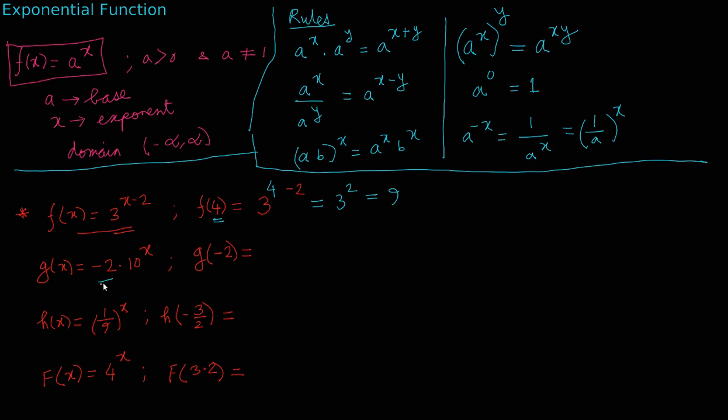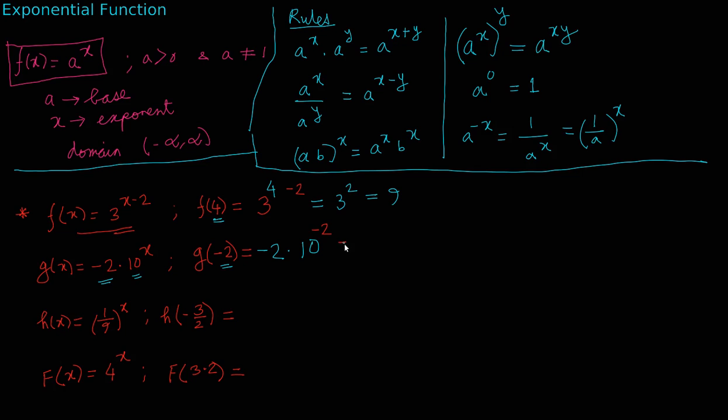Let's do the second example. In this case negative 2 is a constant, so I simply write negative 2, and in my original function I have 10 power x. Instead of x I have negative 2, so I write negative 2 as my x.